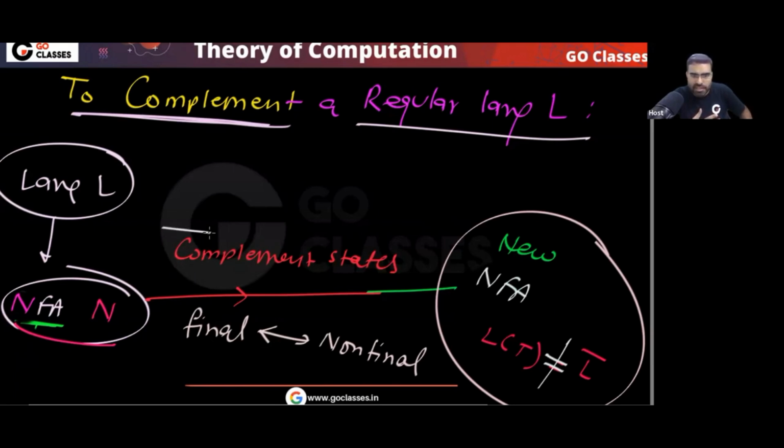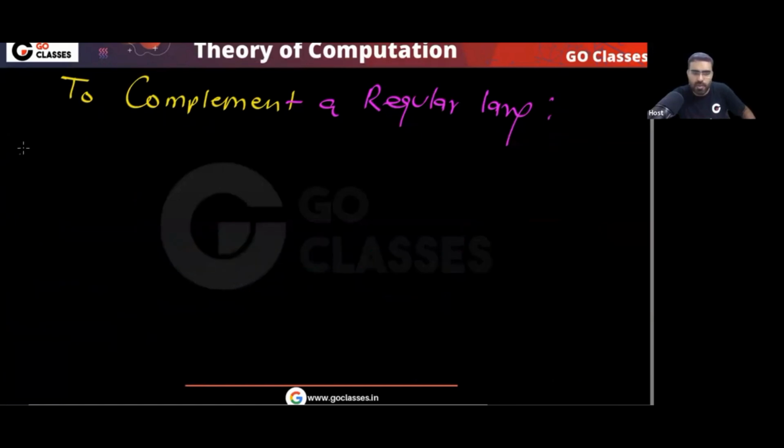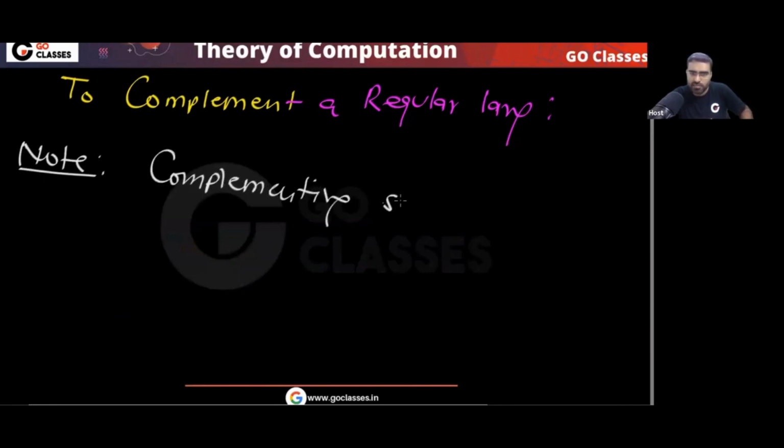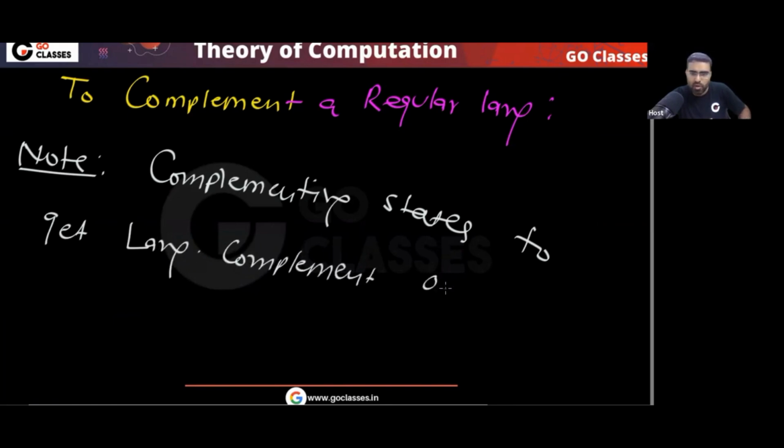So complementing states to get the complement of a language works only for DFA. Okay, so remember this point. Complementing states to get the language complement only works for DFA.